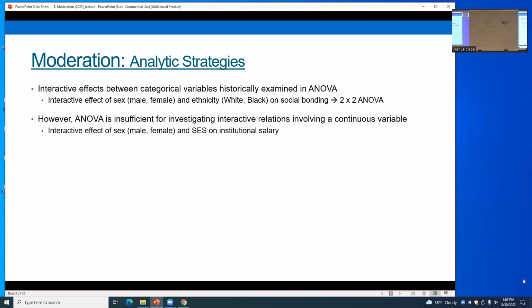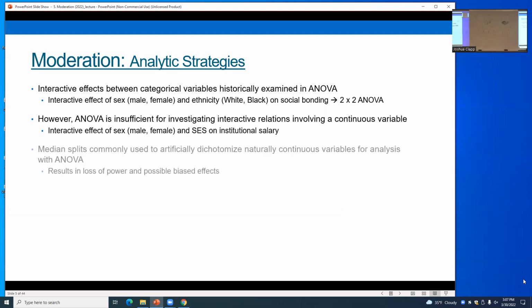Like, do men and women make different amounts of money? Yeah, we know there's a gap there, right? But does that change depending on whether we're talking about people coming from high SES backgrounds or low SES backgrounds, right? Problem is, SES a categorical variable? No, it's a big continuum, right? With our ANOVA models, we're kind of stuck because there's not a good way to deal with this, right?